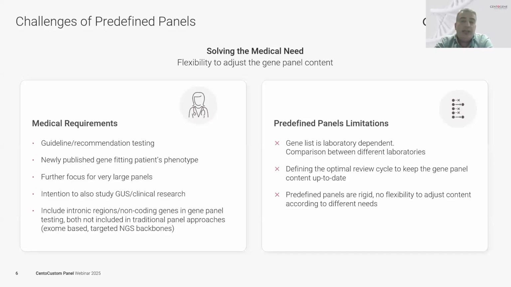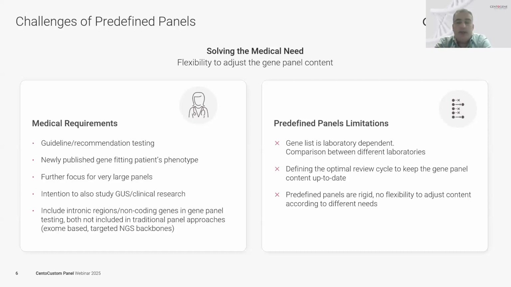The issues or the challenges with pre-designed panels, so panels that are already available to be requested, is that they may sometimes not meet exactly the needs of a specific patient or a specific clinic or a specific local context.